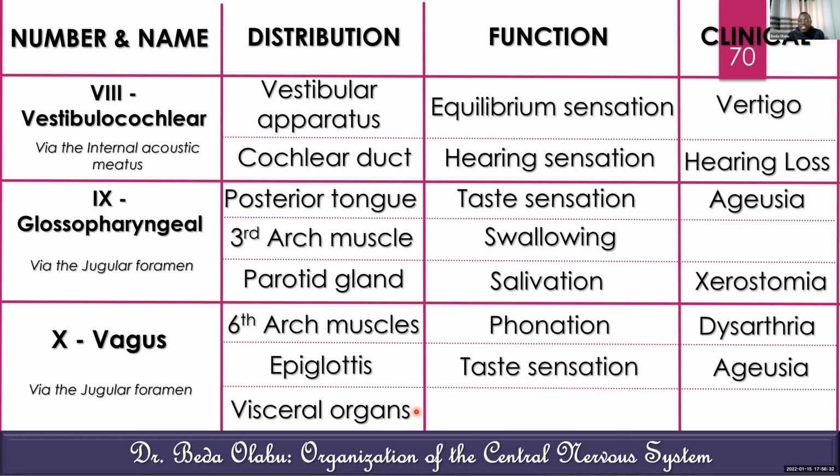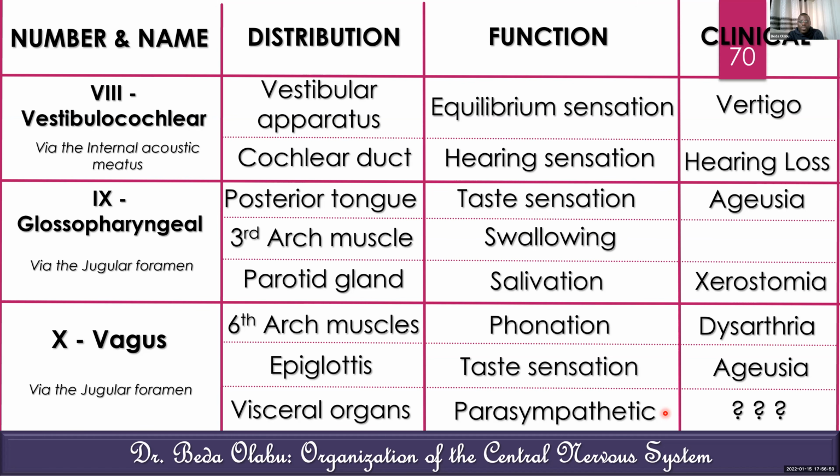So that means that again, multiple physiological effects. And so that means that if you injure it, there will be multiple clinical manifestations based on us cutting off the parasympathetic effects of the vagus nerve.